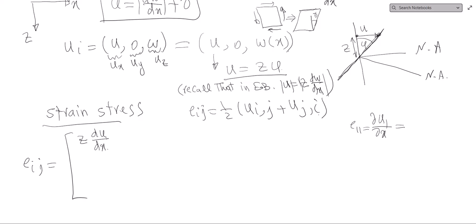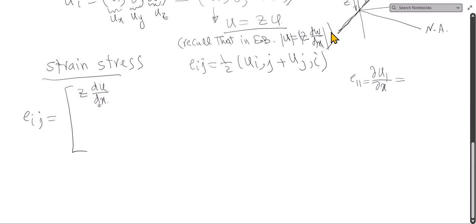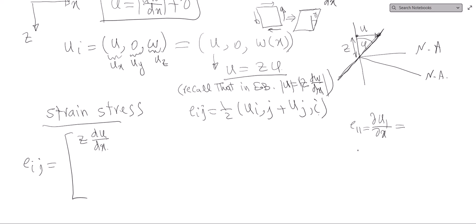Remember that my phi definition here is the whole angle here, which combines the slope and the gamma. So we will substitute later. The second one, which is E12, would be du1 dy plus du2 dx. And again, I am referring to the coordinates that we have.